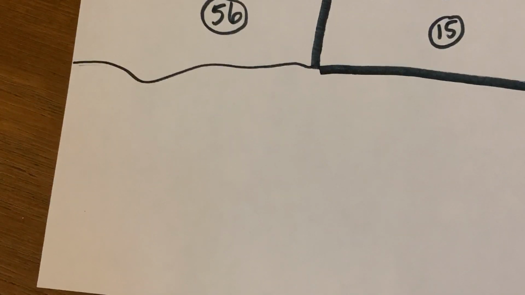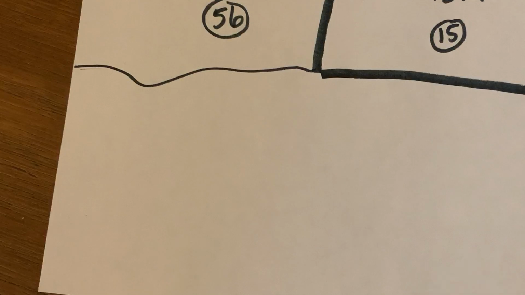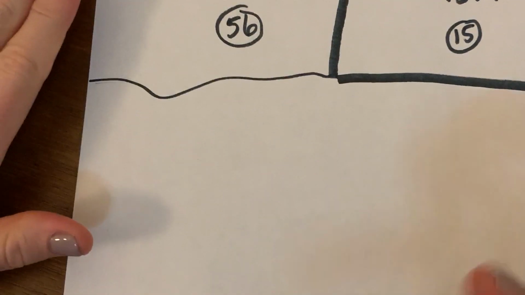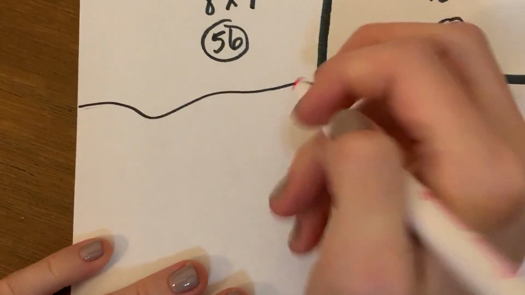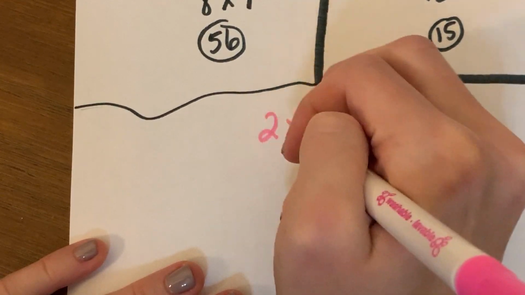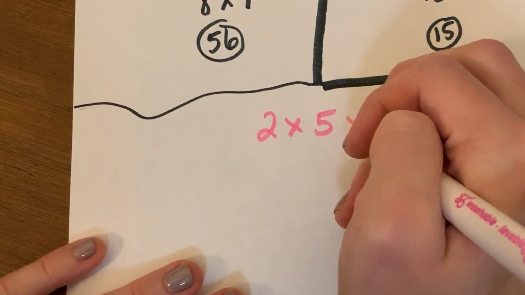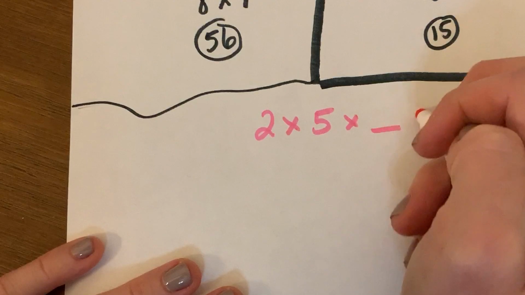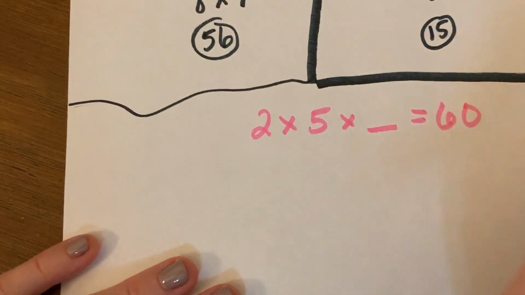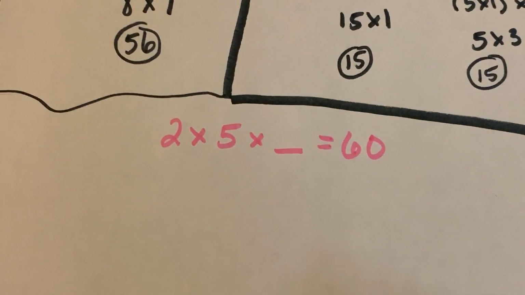So what if you are presented with a situation where there are some missing numbers? Say you have 2 times 5 times blank gives you 60. What might we do to solve this problem?